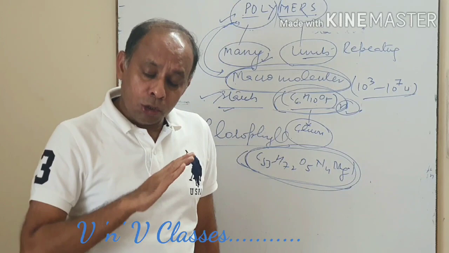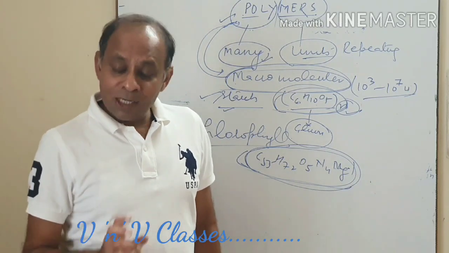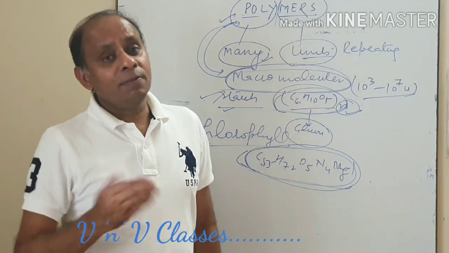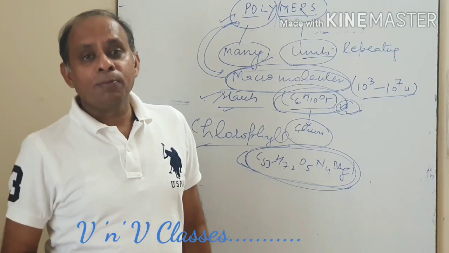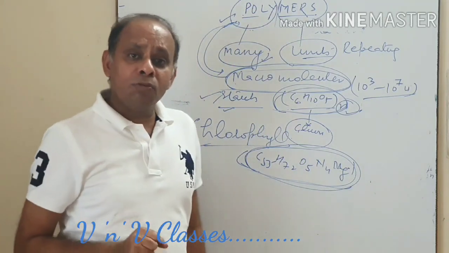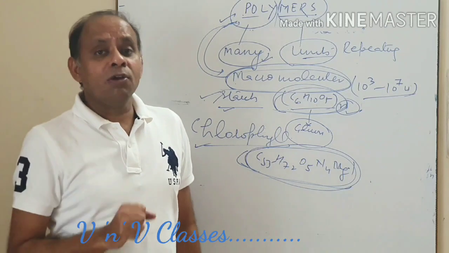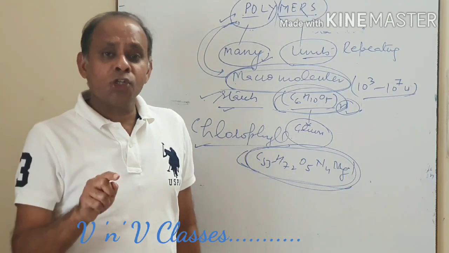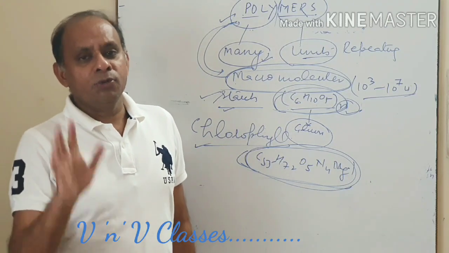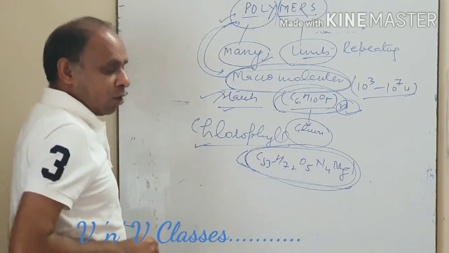Macromolecules are all those molecules which have large molecular sizes and large molecular masses, but they may or may not have repeating units. Polymers are also macromolecules with large molecular masses and sizes, but they should have some repeating units. This is important about polymers and macromolecules.